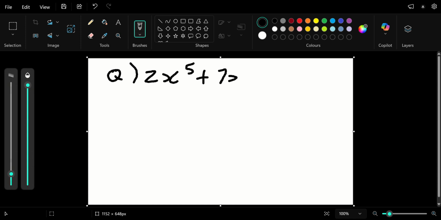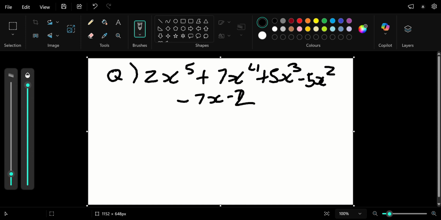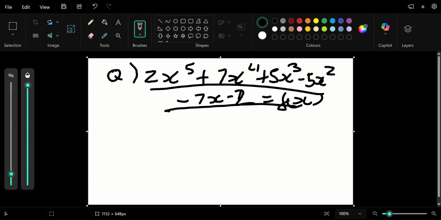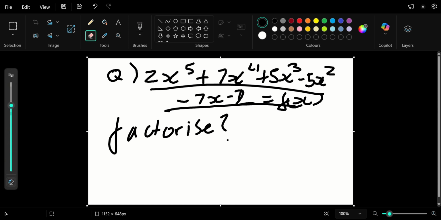So for example, let's say we have a polynomial of 2x to the 5 plus 7x to the 4 plus 5x cubed minus 5x squared minus 7x minus 2. Let's say all of that equals f of x, and the question is to factorize it. You can pause the video here and try to answer the question.